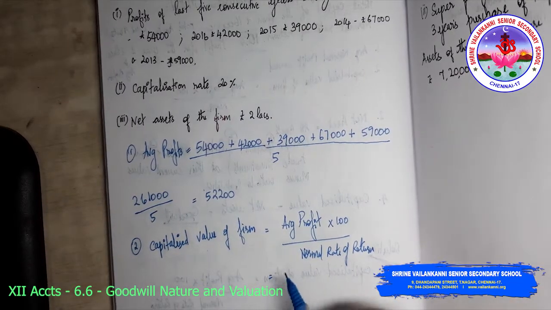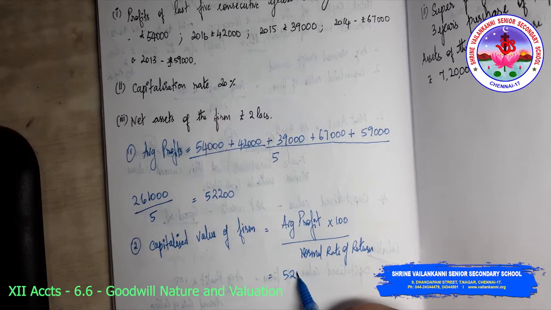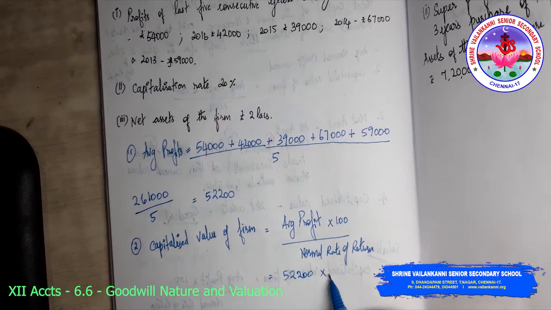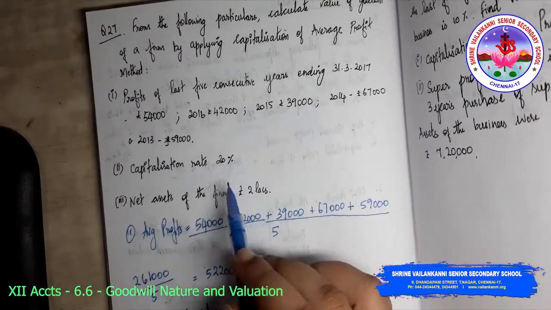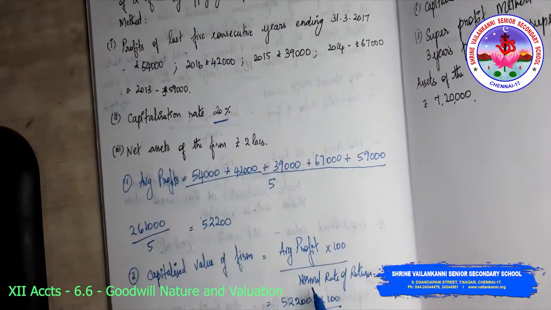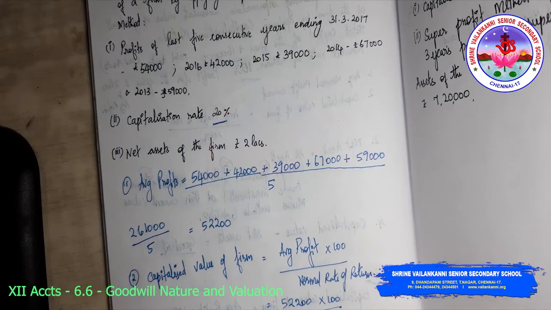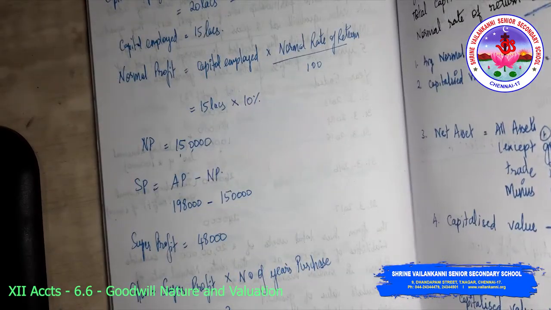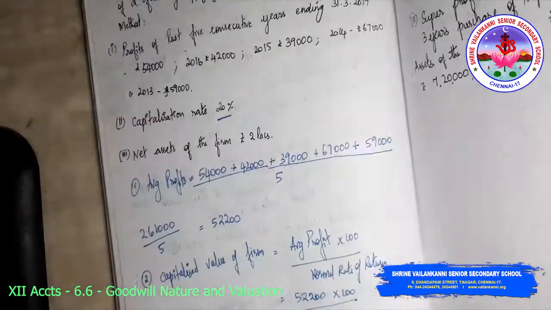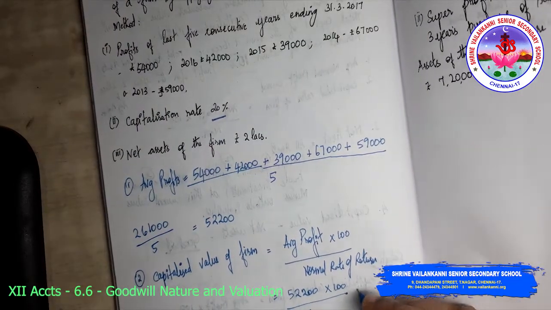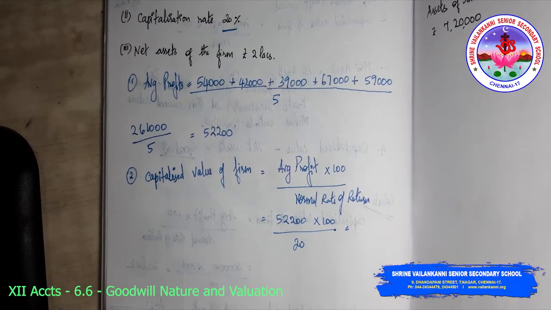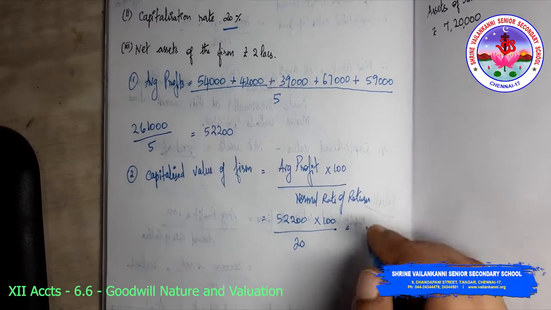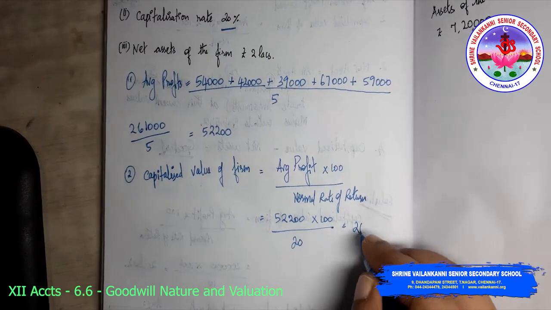Average profit, just now we found, 52,200 into 100. What is the normal rate of return? It's given in the question as 20%. That is the capitalization rate. Normal rate of return is nothing but the capitalization rate. That rate you need to put in. So if I calculate, I'm getting 2,61,000.